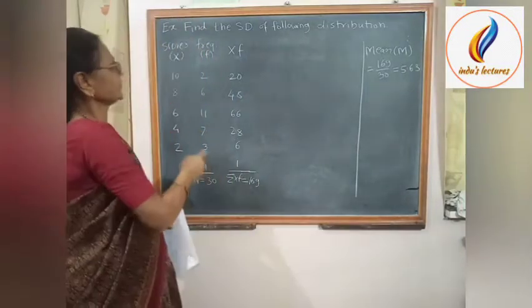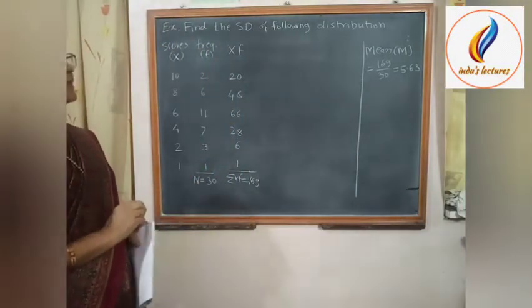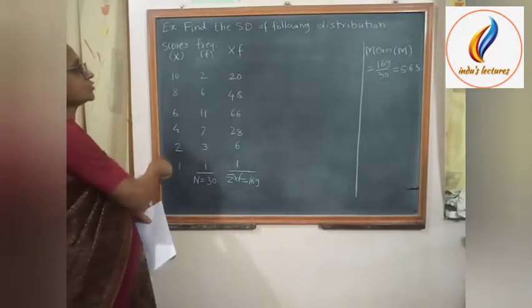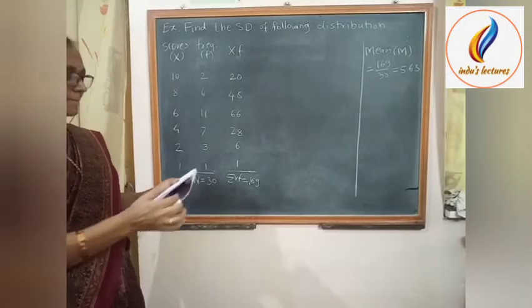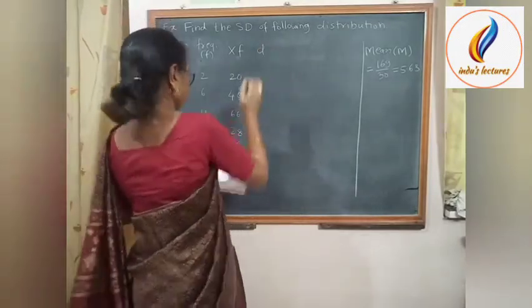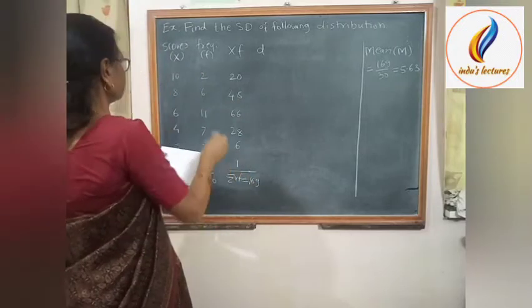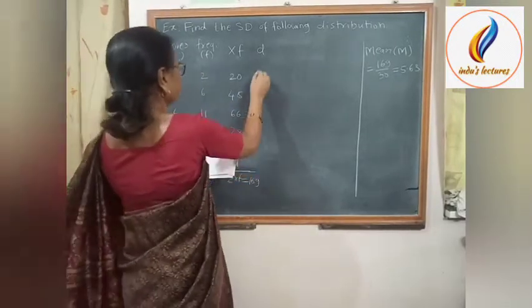So the mean of the given distribution is 5.63. Now take the deviation of each score from the mean 5.63. For score 10, the deviation is 4.37.